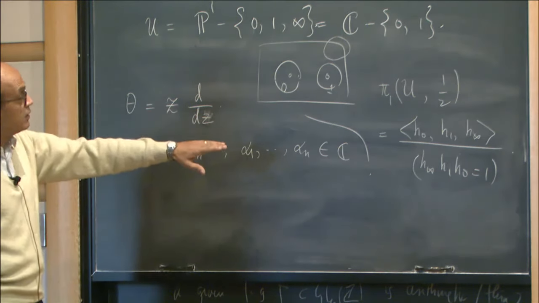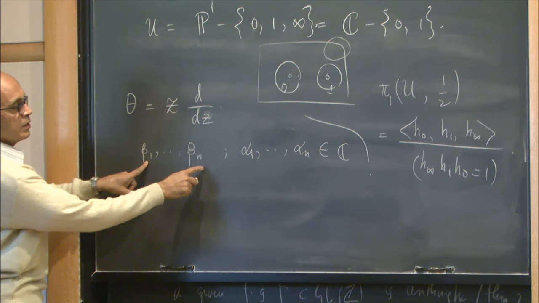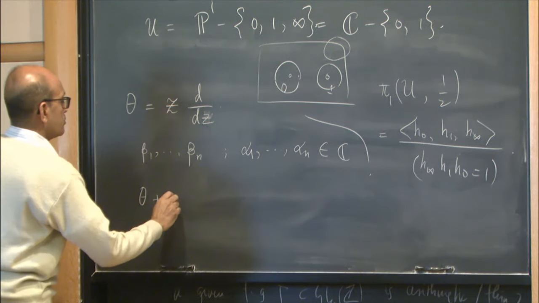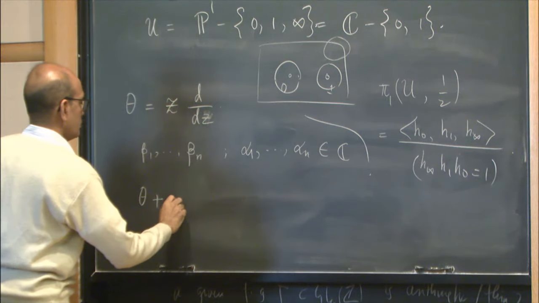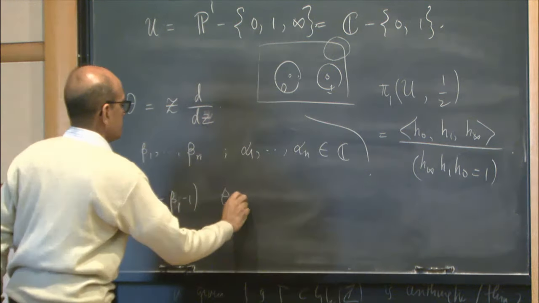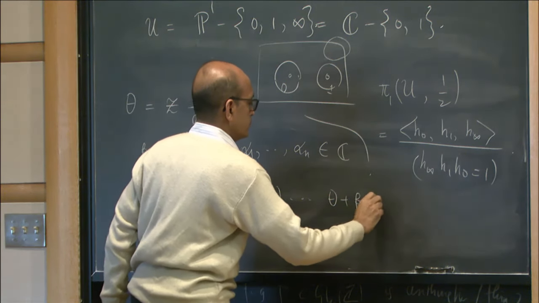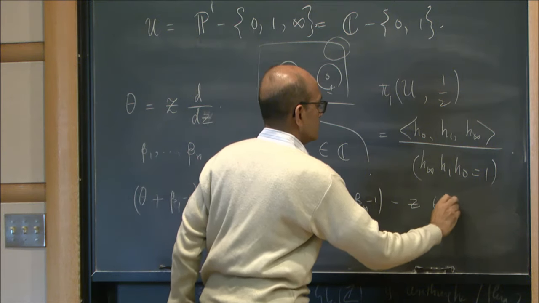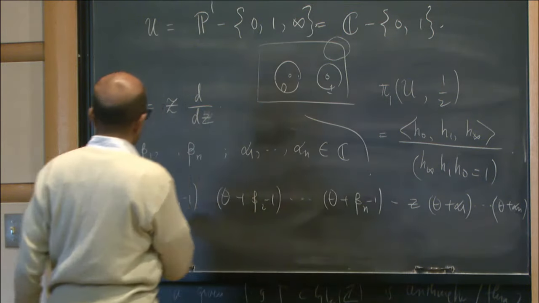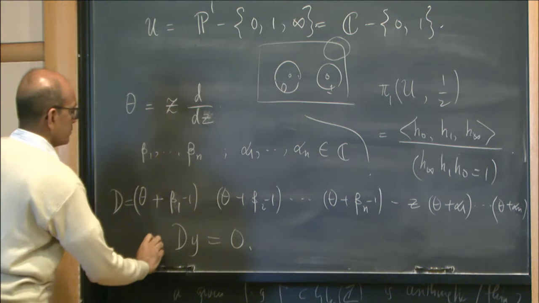So this differential equation is a one variable differential equation which depends on these two n parameters, theta plus beta 1 minus 1. So that is our differential operator, and we are looking for solutions to this differential equation.